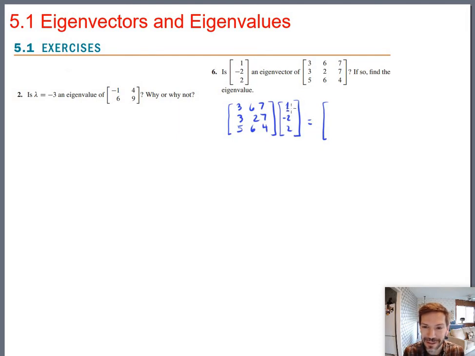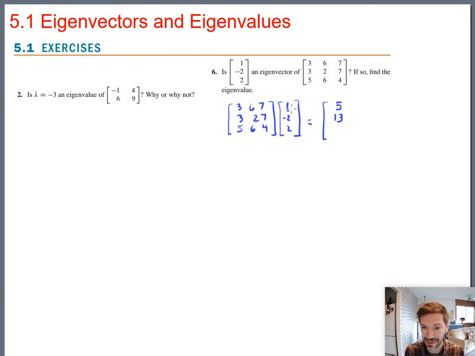So let's see, that'd be 3 minus 12 is negative 9, plus 14 is 5. Next row, 3 minus 4 is negative 1, plus 14 is 13. This is already not looking good for being a multiple of what went in.